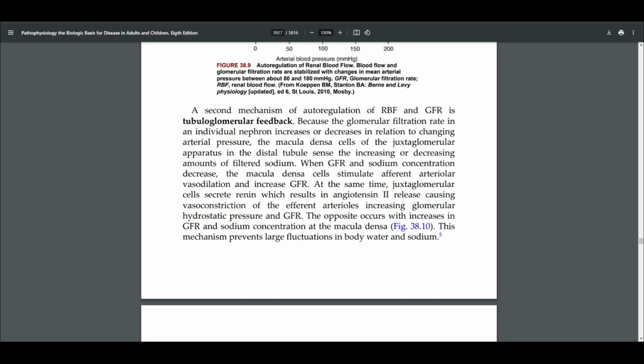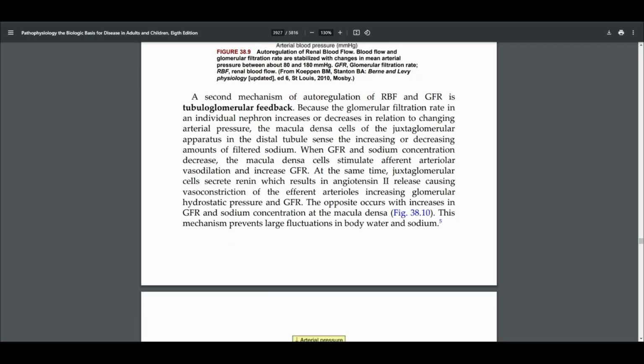At the same time, the juxtaglomerular cells secrete renin, which results in angiotensin II release, causing vasoconstriction of the efferent arterioles, increasing glomerular hydrostatic pressure and GFR. The opposite occurs with an increase in GFR and sodium concentration at the macula densa. This mechanism prevents large fluctuations in body water and sodium.